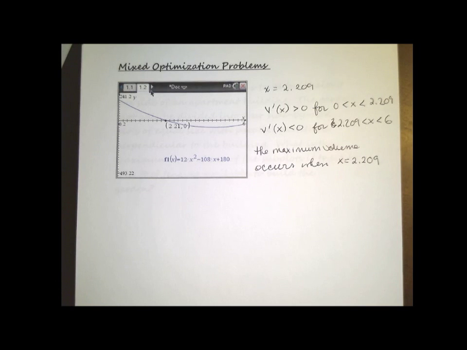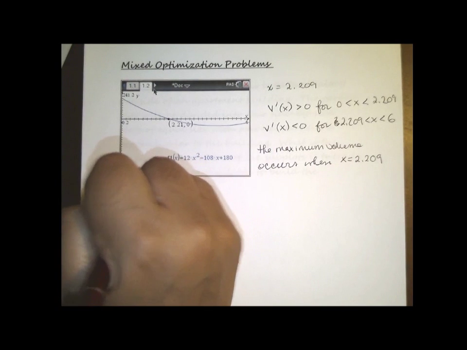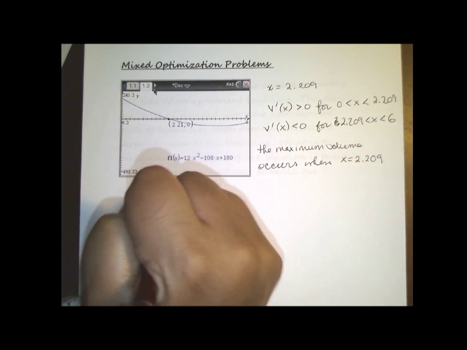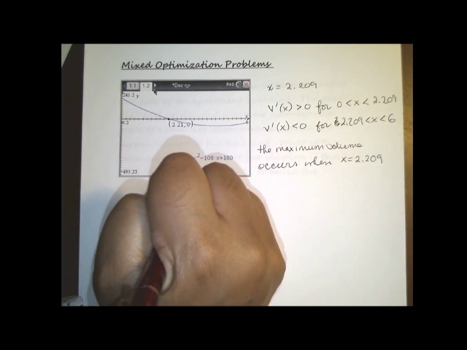Now I need to go back, and it didn't ask me for the value of x though. It asked me for the dimensions of the box. X is one dimension, that's the height. The height is 2.209.